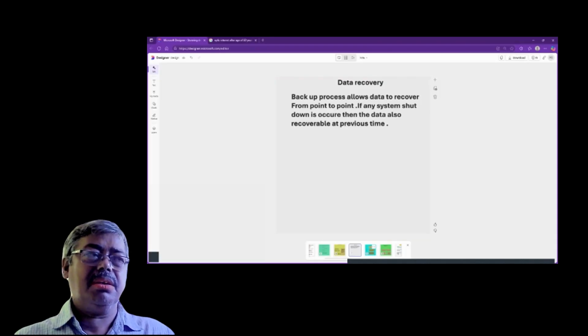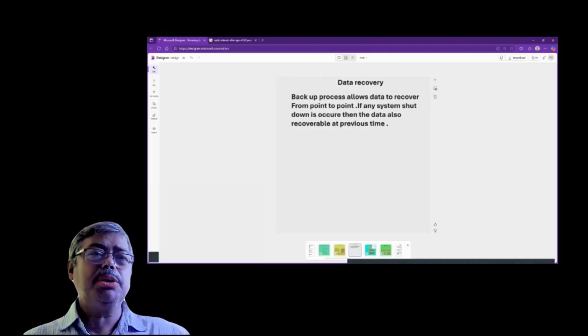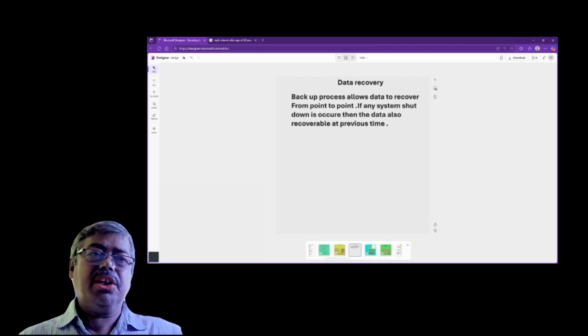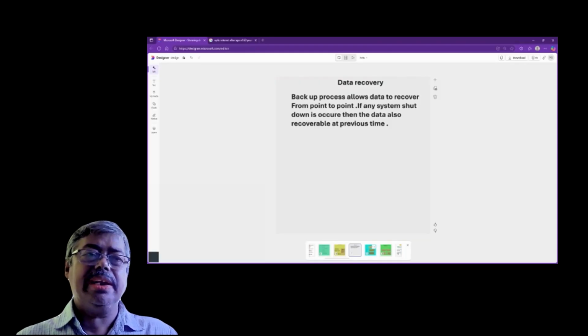Data recovery. Data recovery is a common process of the relational database management system or database management system. How is this recovery organized? Recovery is organized by the backup process of the system. Alongside the backup process, another process going on is replication.